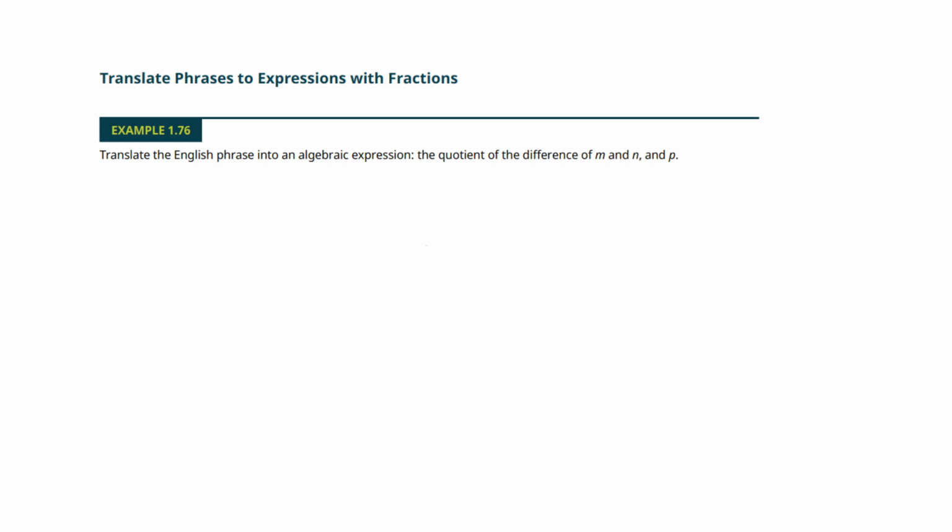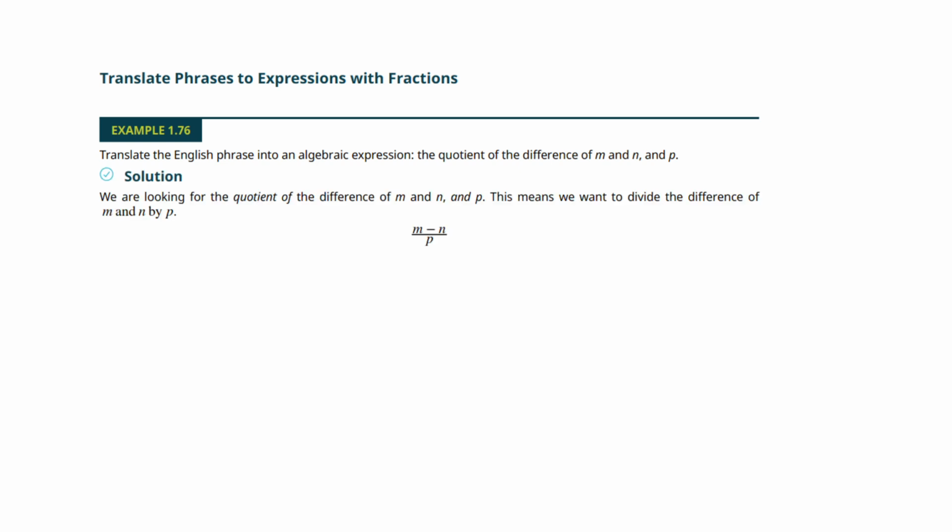Okay, so once again, they're going to give us a little bit of translation work to do with some new things that we've just learned. Okay, so let's go one time. We're going to build a quotient. Well, a quotient, we were doing it like this, but from here on in algebra, we're going to use it as a fraction bar. So the quotient is this fraction bar of the difference of m and n.